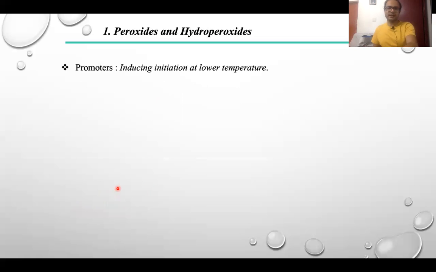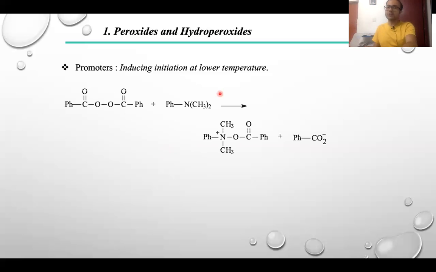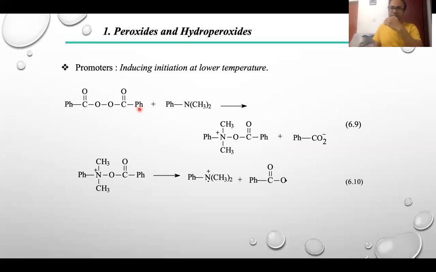Okay, and as we know that a particular temperature is required for carrying out the decomposition of these peroxides, like benzoyl peroxide usually requires a temperature of 100 degrees to undergo homolysis. But you can make this happen at an even lower temperature.